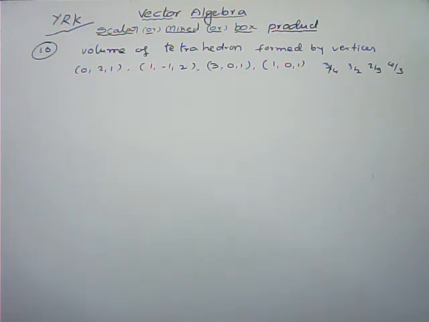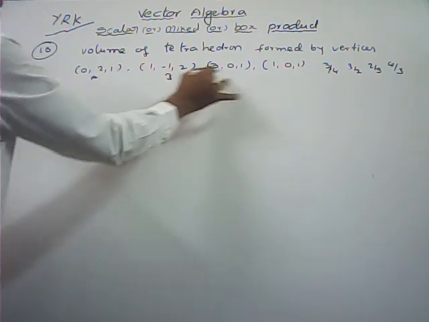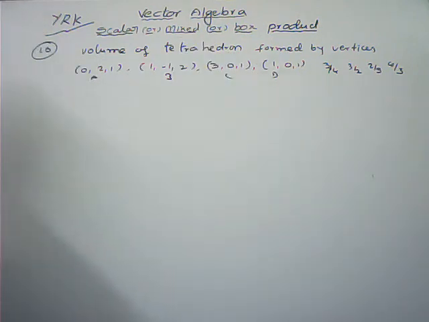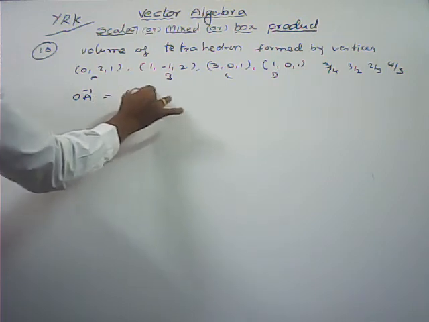Here, the volume of the tetrahedron formed by the vertices. If co-terminus edges are given, we can find it directly as 1 by 6 into box ABC. But here vertices are given. So I am taking this as A, B, C, D. The position vectors: OA bar is 0, 2, 1.